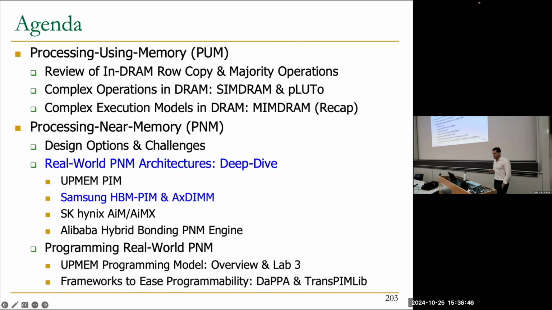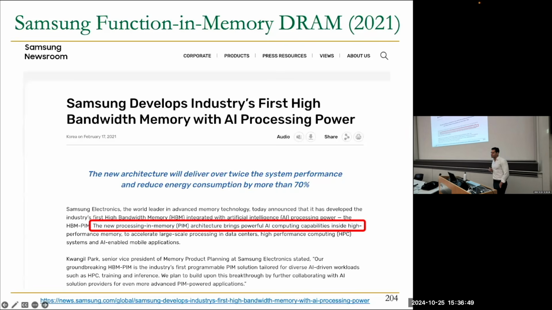Okay, so now I'm going to accelerate a little bit because we are not going to use those architectures in the labs, but it's extremely important for you to know what is out there in the market as well as alternatives for UPMEM. So right after UPMEM, in 2021, Samsung also came up with their own processing-in-DRAM memory architectures.